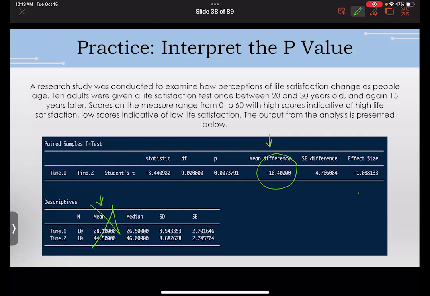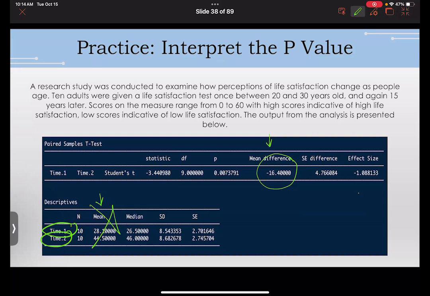In fact, Jack asked a good question, which is, when putting it back in context, how much should I even focus on these 2 levels? Because really, think about storytelling. Interpreting P is about storytelling. The story here isn't that there's a difference between when we measured them the first time and the second time.